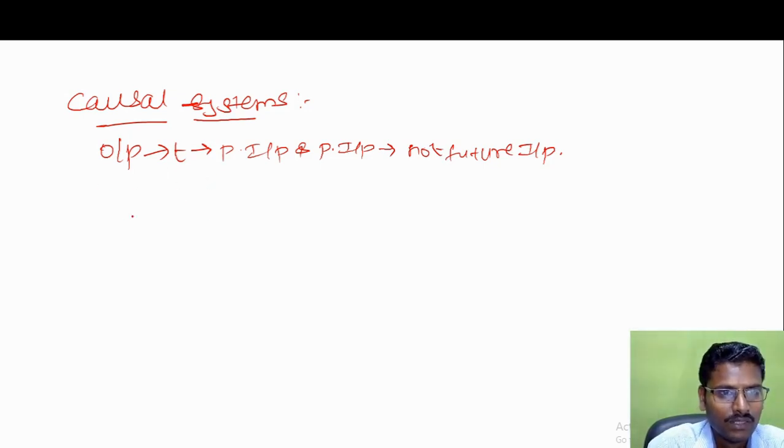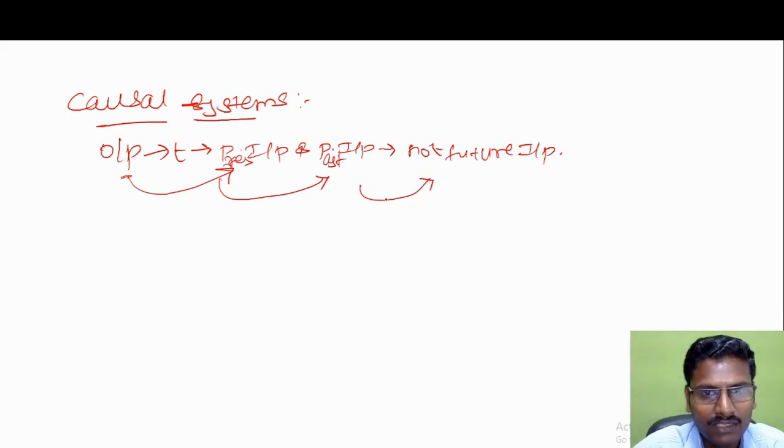The output at any time t depends only on the present input and past input. Present and past. And in no case will it depend upon future inputs, right?